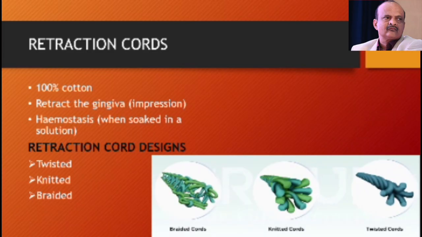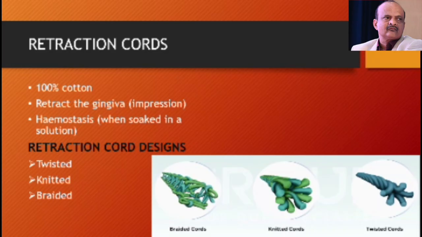The retraction cords are commonly used to carry the chemical solutions, or they may be used without the chemical solutions. They are usually 100% cotton. They retract the gingiva and they also help in achieving hemostasis when soaked with hemostatic solutions.